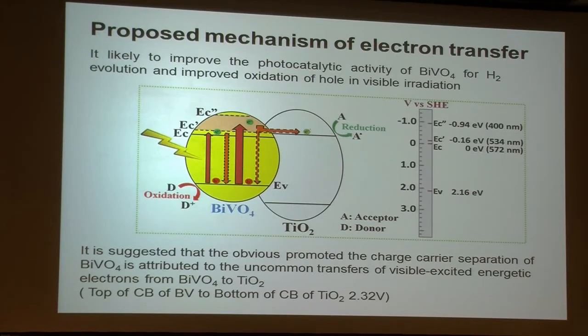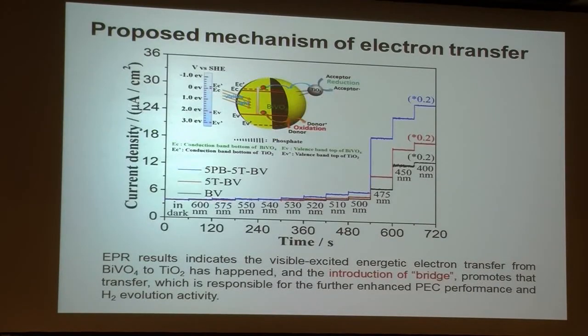In this case, we fabricated a bridge in this kind of material so that we can reduce the recombination of the excited electrons and the holes. This might be the reason the material has a higher response to visible light and also a better performance for hydrogen production, or for the oxidative properties of the holes.